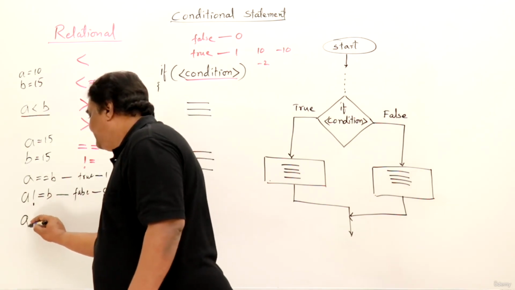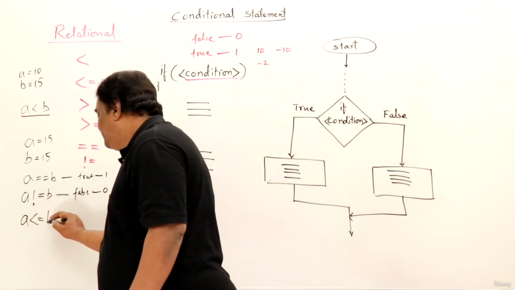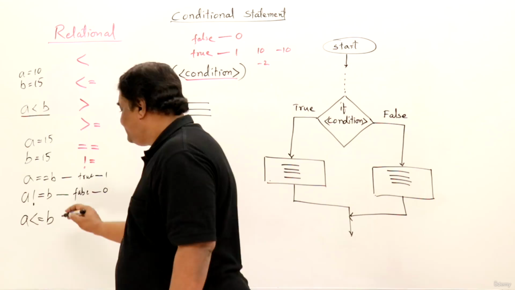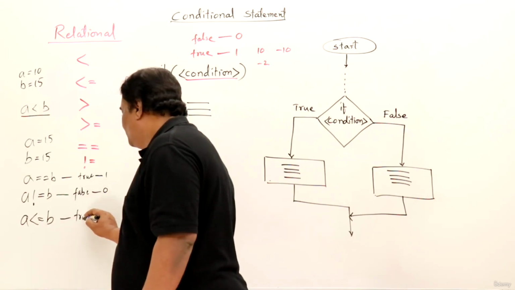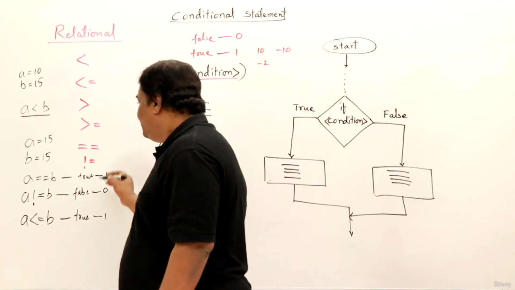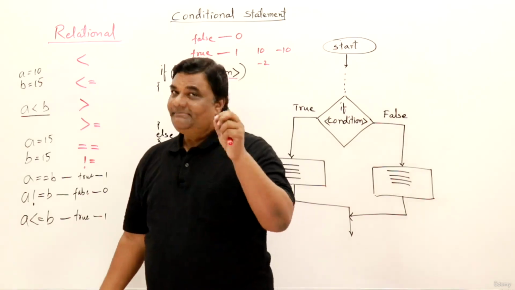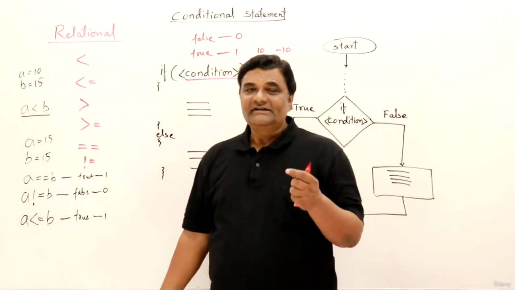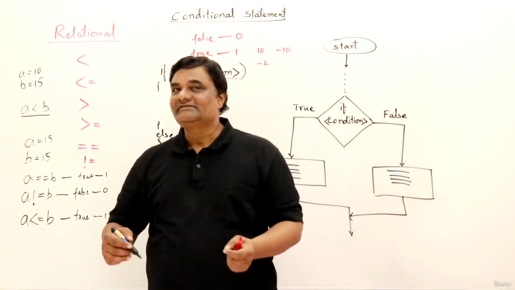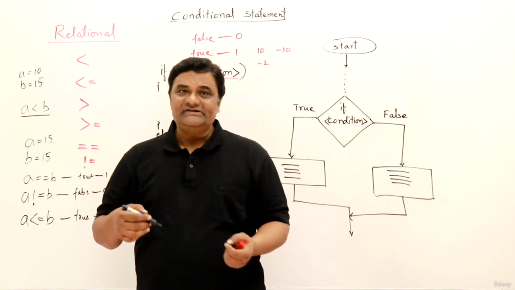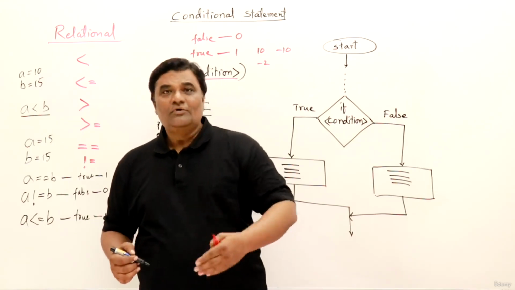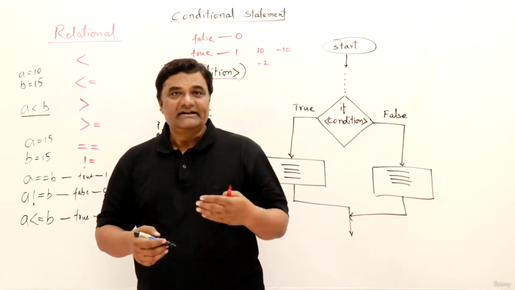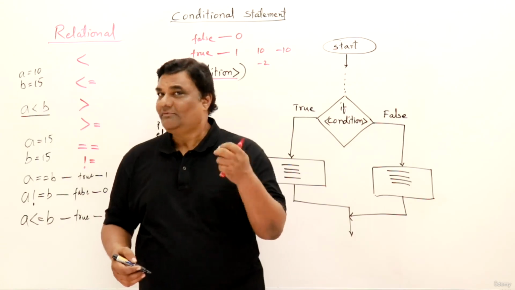If I say A is less than or equal to B, it's not less, but it is equal, so the result is true. So this is how it gives the result. Remember the important point: the relational operators give the result either true or false, that is 1 or 0. More about how to use them, we will learn in the example programs.